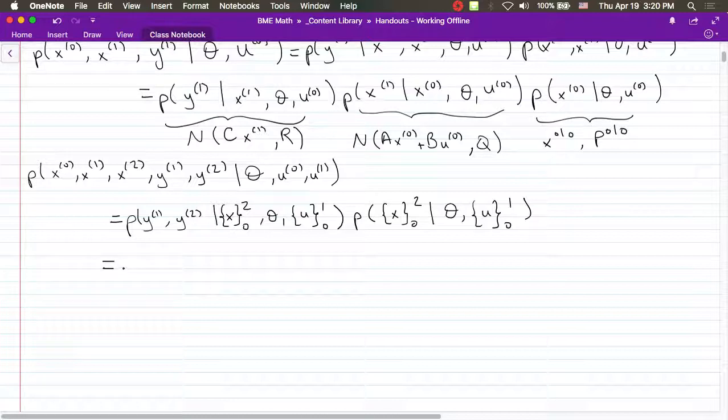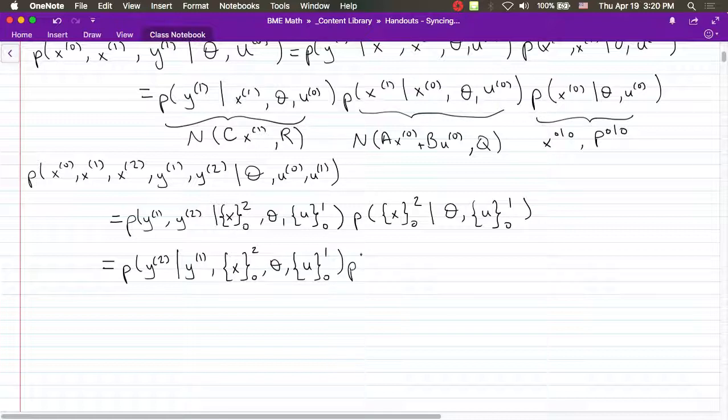Okay, so now let's split this up. So we're going to begin with P of y2 given y1, x 0 to 2, theta, u 0 to 1, times the probability of y1 given x 0 to 2, theta, u 0 to 1.